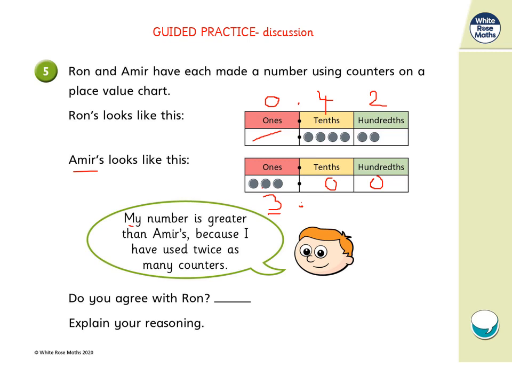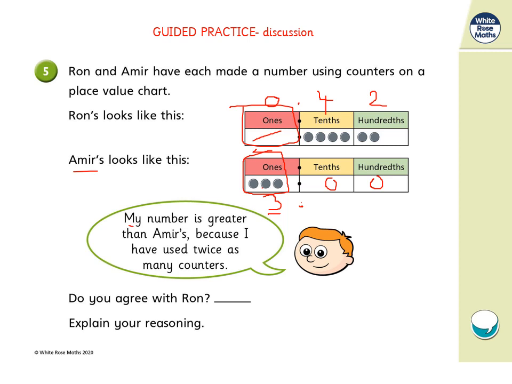And hopefully, Lucy, you have decided that Ron is incorrect because we always go from our highest value column, and Mia has 3 counters in her ones column, but Ron doesn't have any ones counters.